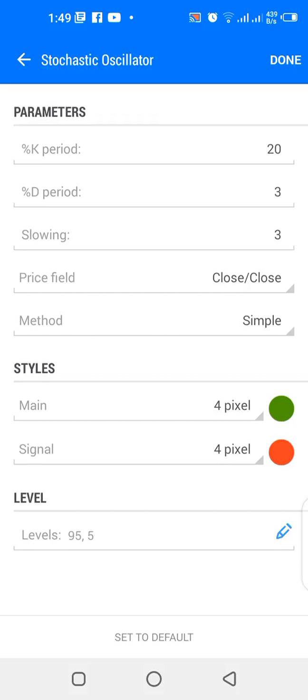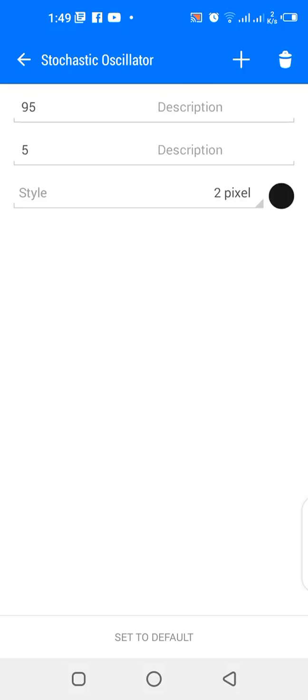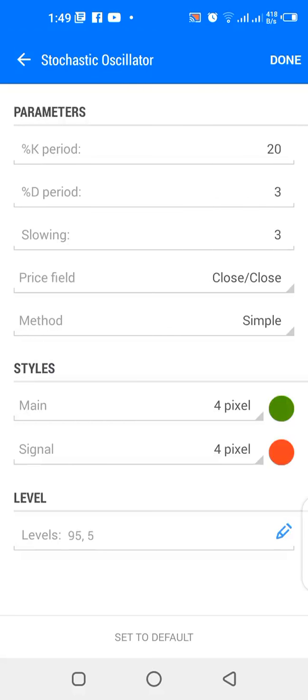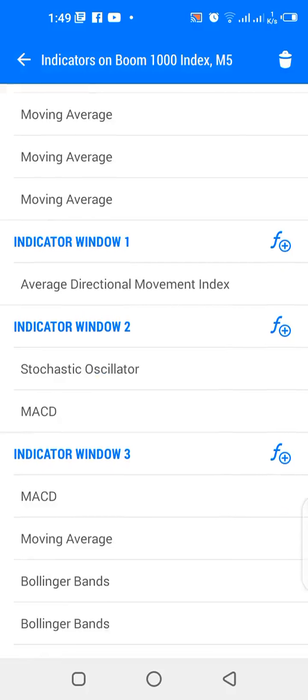The main style color is green, signal style color is red, and the levels you have 95 and 5. Color is black. For 95, that's where you have your overbought. For the 5, that's where you have the oversold area. So that's that for the stochastic.